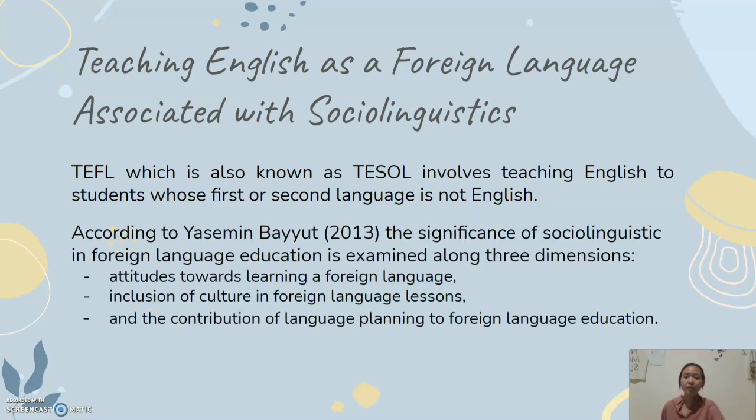According to Yasemin Bayyurt, 2013, the significance of sociolinguistics in foreign language education is examined along three dimensions: attitudes towards learning a foreign language, inclusion of culture in foreign language lessons, and the contribution of language planning to foreign language education.